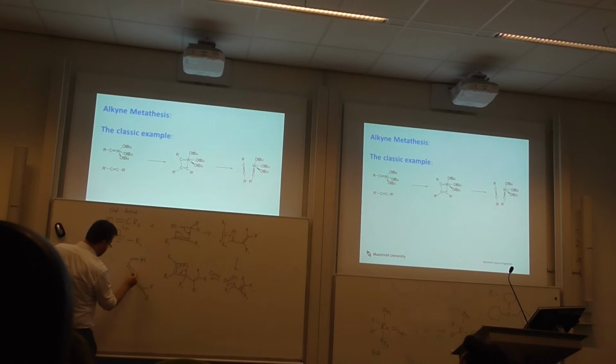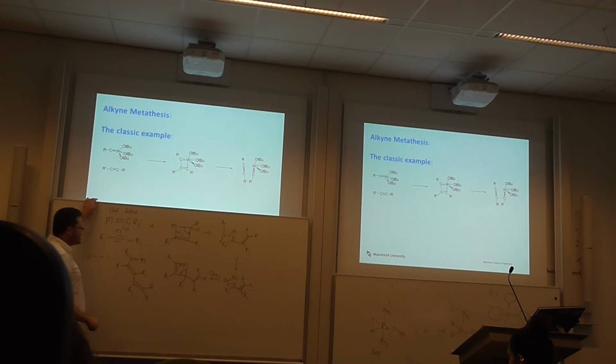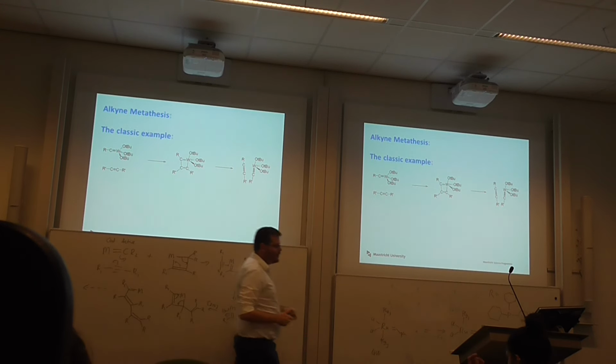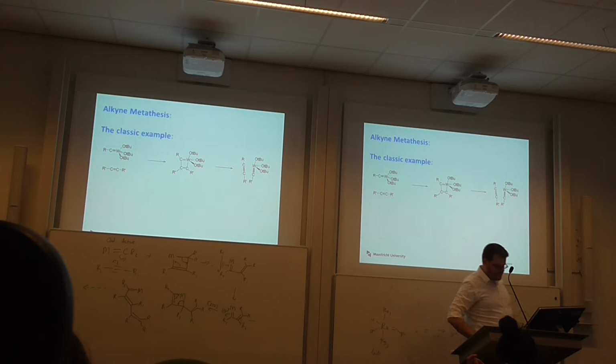It's just with alternating double bonds. And the process goes on and on and on. You see that? So what we're in fact doing is we're polymerizing an alkyne. And so that is in fact what you can do, and this has been done.